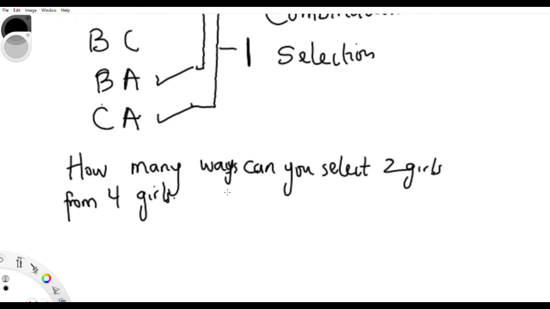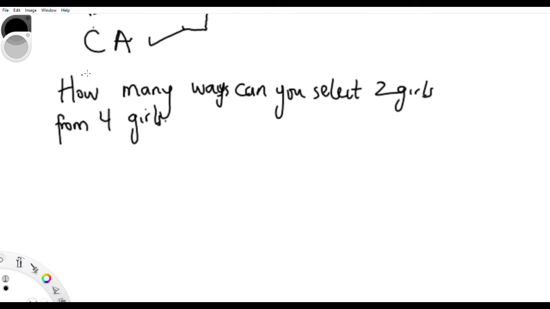Now remember I said selection is combination. So you have 4 girls, you are trying to find ways with which you can pick out 2 from them. How many ways can you combine two girls in 4?